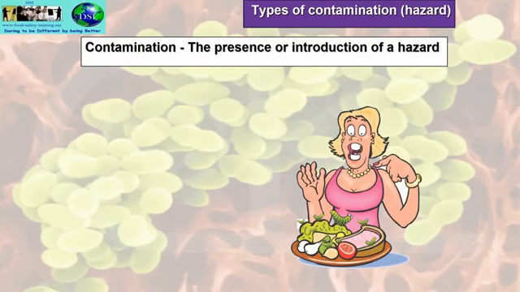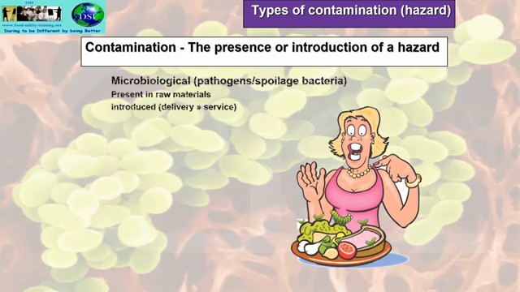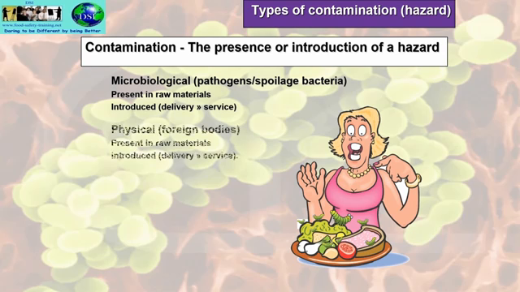So again, let's have a look at some definitions. Contamination is the presence or introduction of hazard. That could be microbiological, such as pathogens or spoilage bacteria, and these are present in raw materials and can be introduced between delivery and service.